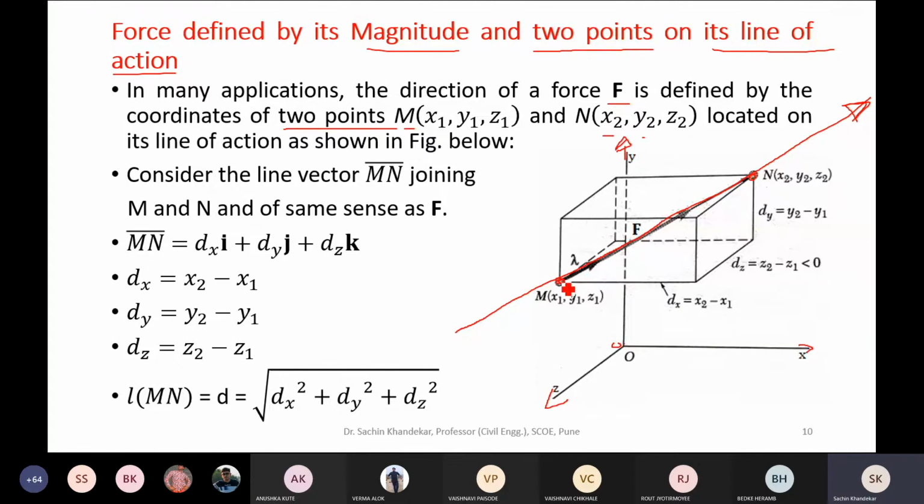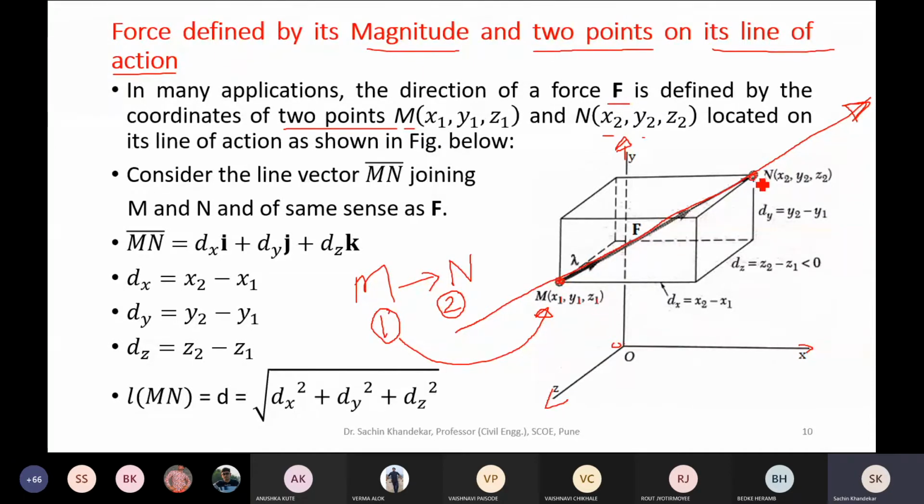Now, what is the direction of this force? The direction of this force is from M to N. Please note, M to N, very important. The direction of the force is from M to N, so M is the first point and N is the second point. Now let x1, y1, z1 be the coordinates of point M, the first point, and that is why the subscript 1 is used.